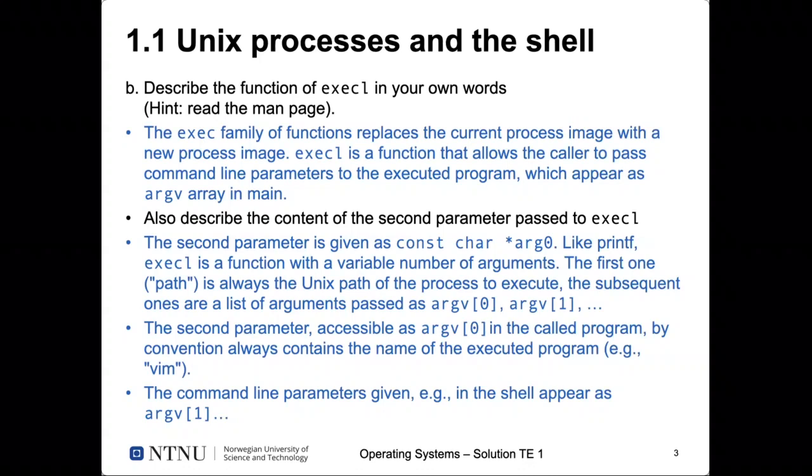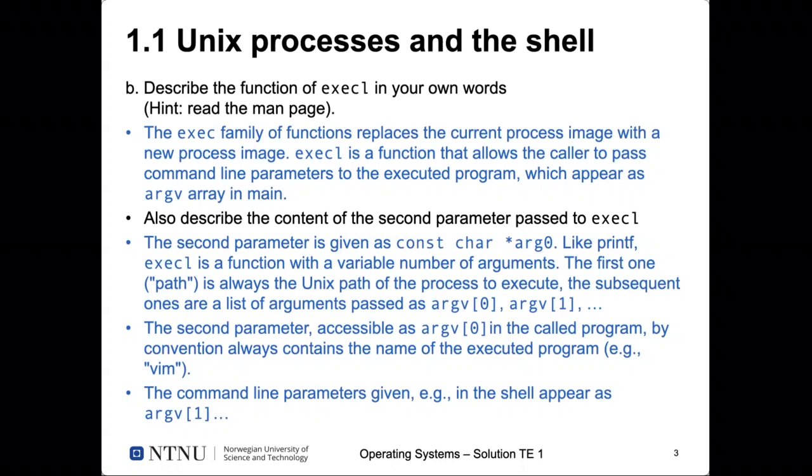So you indicate to the operating system, yes, my list of arguments has ended now. The second parameter, which is argv[0], the 0th element in your argv array, is the name of the called program. There's a convention that this always contains the name of the executed program. For example, it could be called vim. Your shell sets this. But if you use exec yourself from a program, you could call it whatever you want.